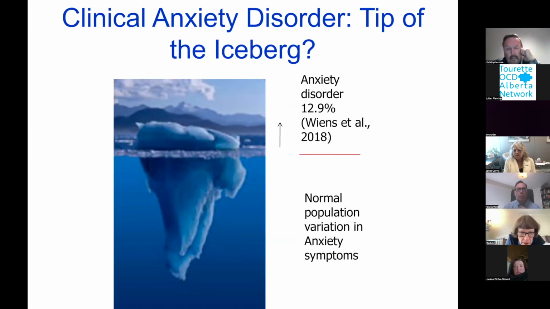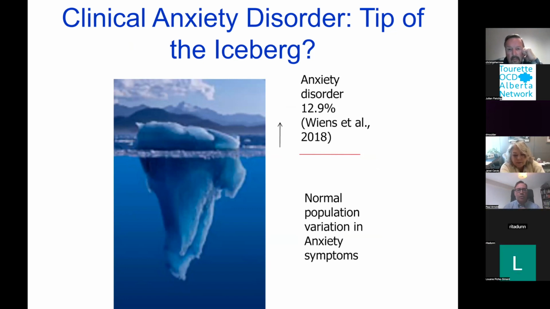I think another important concept is that clinical anxiety disorder is a tip of an iceberg. This really is a symptom. Many mental health symptoms are like this, but anxiety is maybe the prototypical symptom where some degree of anxiety, of course, is in fact probably a good thing. This really is a trait that's distributed in the population.